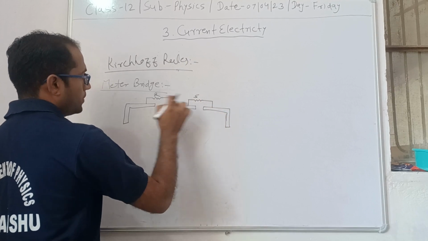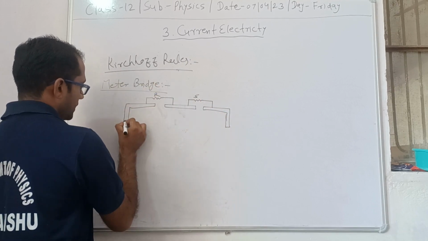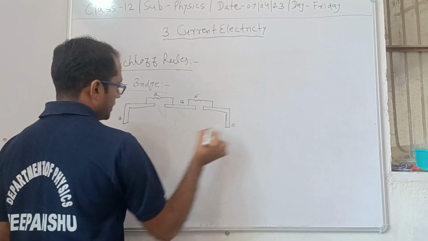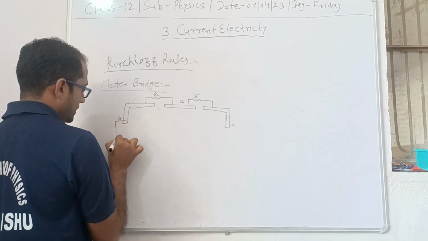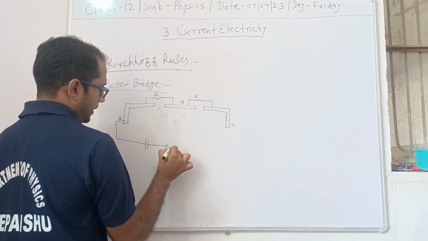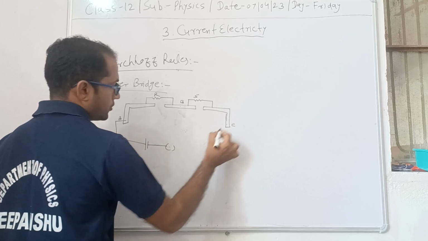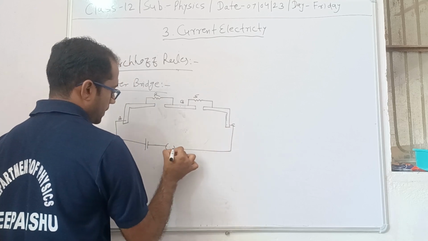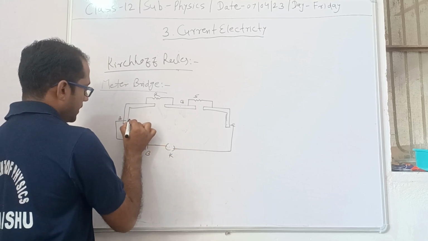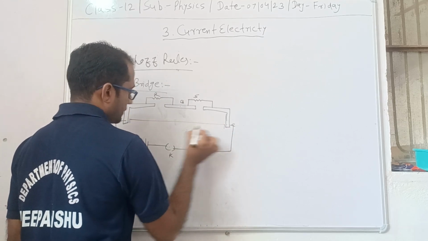We know this value but we don't know this value. This is point A, this is point B, and this is point C. We complete this circuit using a battery and a switch. This is battery B, this is switch K, and we put a meter scale here.